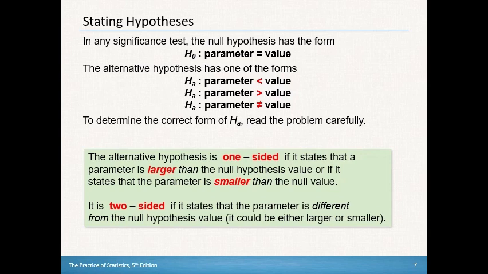So we're going to reject it based on being in either tail, the high tail or the low tail end of the normal curve. That's why when it's not equal to, we refer to it as two-sided, rather than less than or greater than, where one or the other would be a one-sided test.